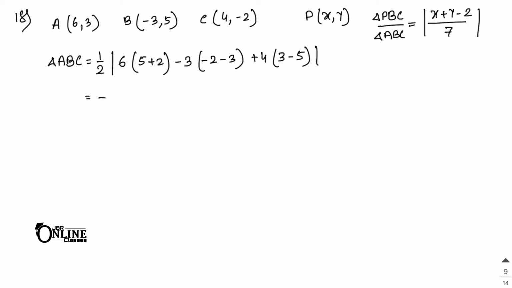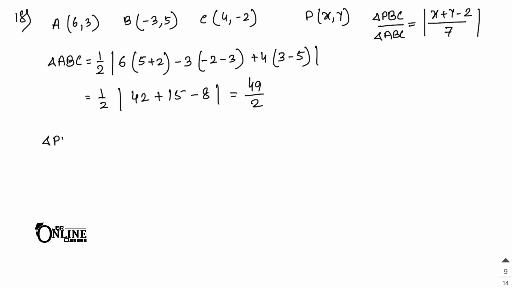So that equals half, then here 5 times 7, so 35... here minus 5, so it will be plus 15, and next 4 into minus 2, it's minus 8. So now you have 42 plus 15 and then minus 8, that equals 49. So you can write 49 by 2 as the area.